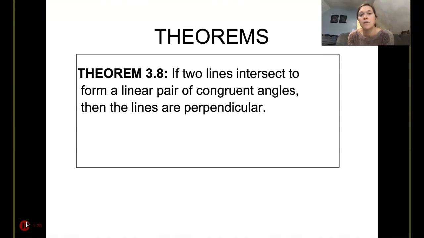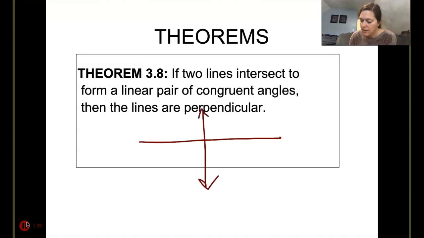If two lines intersect to form a linear pair, let's think about that. Here's a line, here's a line. And remember, a linear pair are two angles that are adjacent to each other that create a straight line. So they're supplementary. If those two angles are congruent to each other, what would they both have to be?